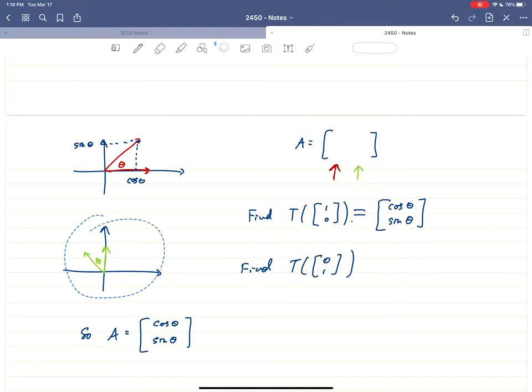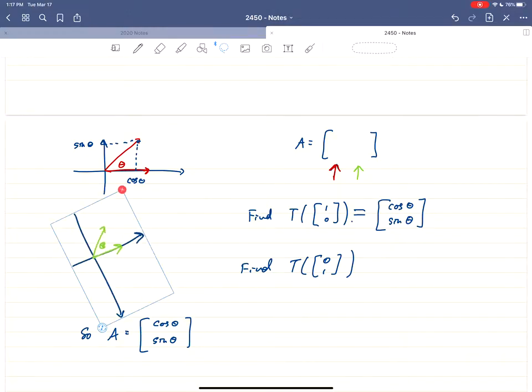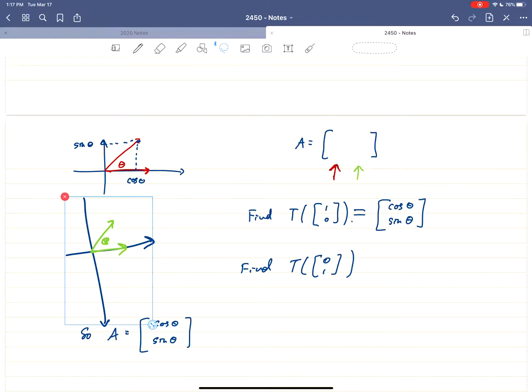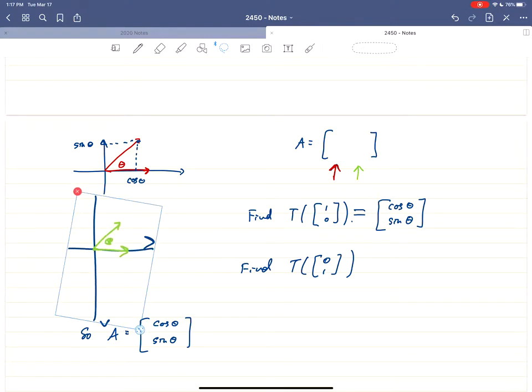And so if you were to rotate this so that this is in line with, that didn't work out very well. Let's try that one more time.